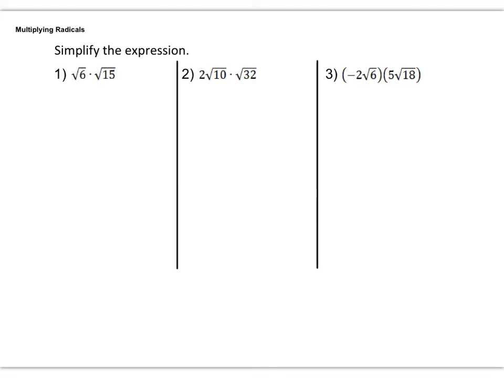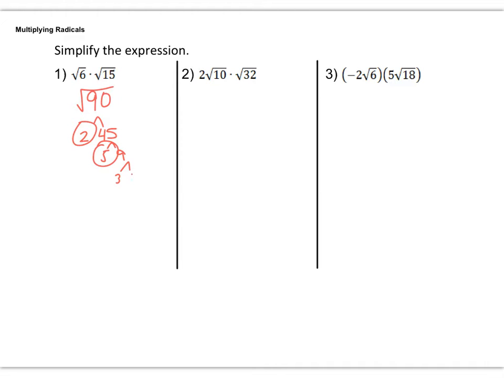Okay, so first one, we have radical 6 times radical 15. They're both radicals, so we can multiply those together, and we would get radical 90. And then we always want to try to simplify. So if I do a factor tree, do you find any pairs? I know that is 2 and 45. That is 5 and 9.